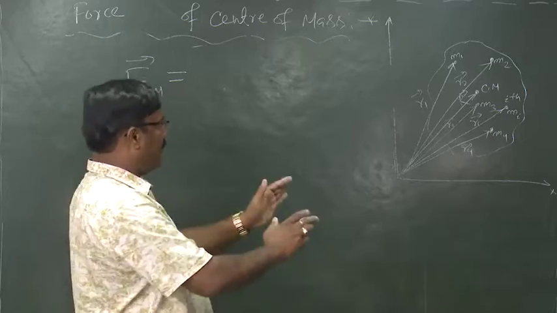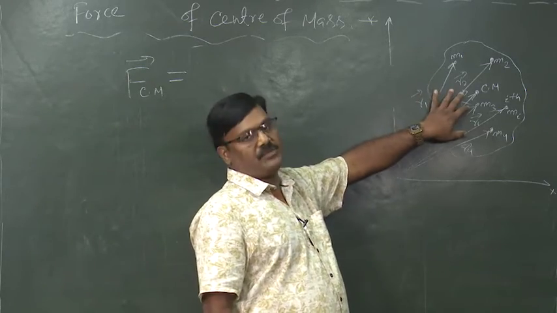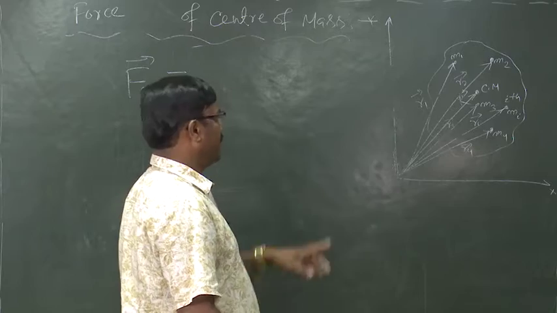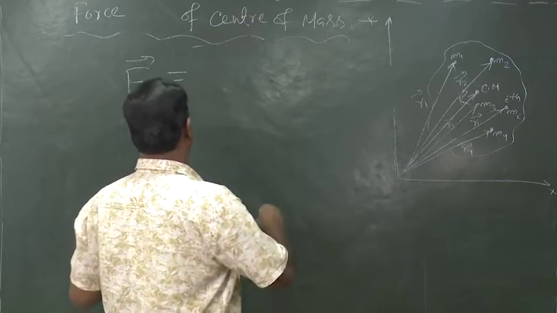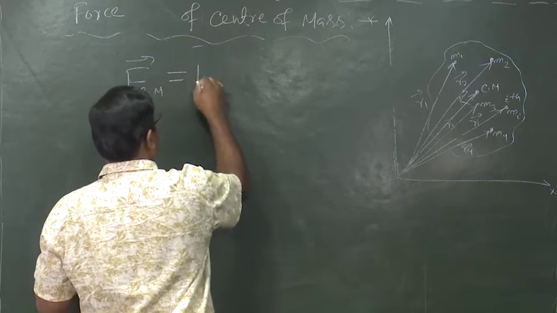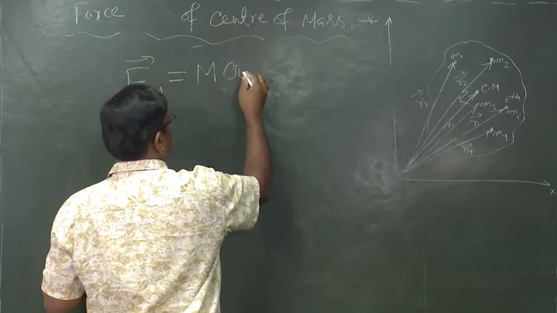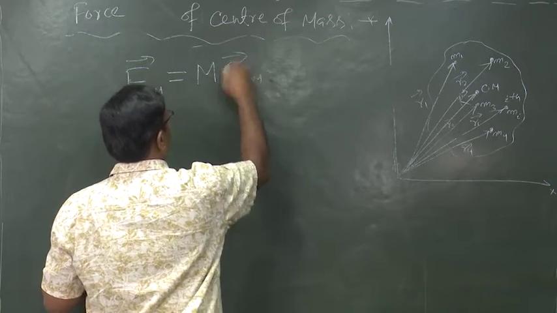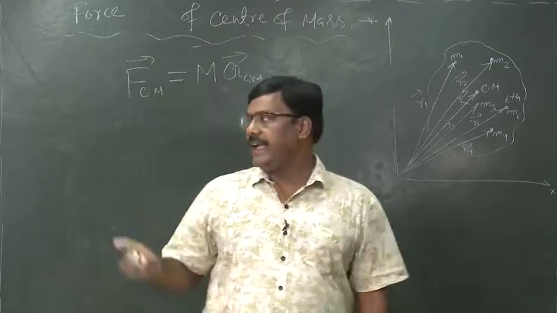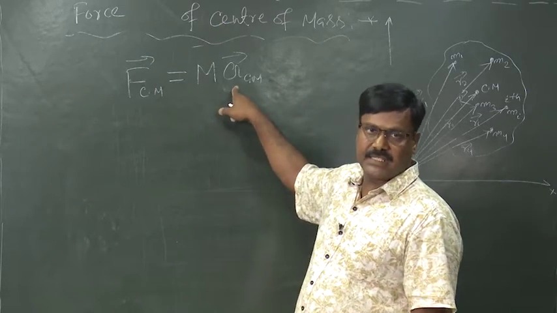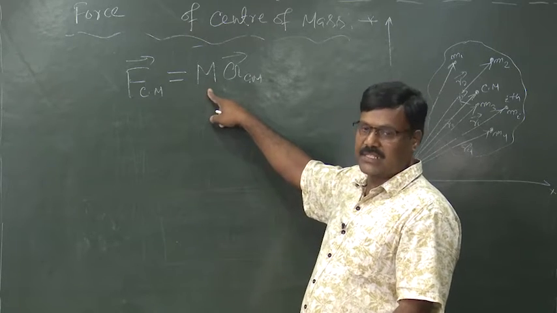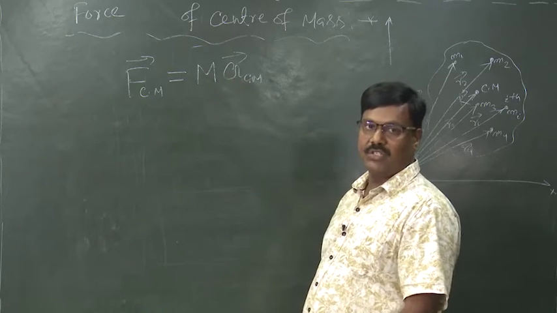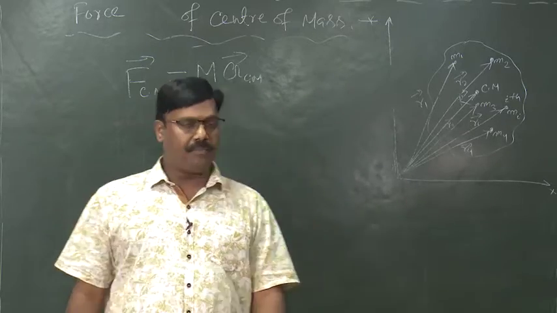We have already taken the total mass of this system as capital M, so this can be written as M ACM, where ACM represents the acceleration of the center of mass and capital M represents the total mass of the system of particles.